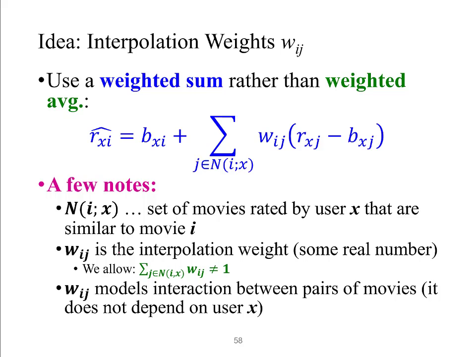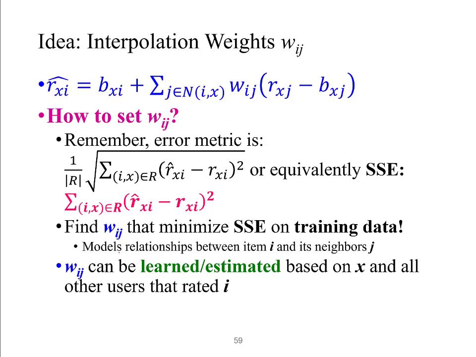So we do allow that the sum does not equal 1. And Wij models the interaction between pairs of movies, and it does not depend on user x. And we will discuss how to compute this.